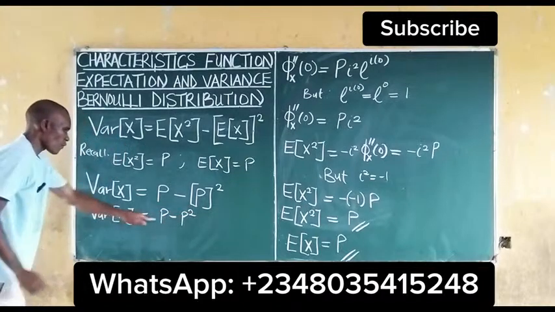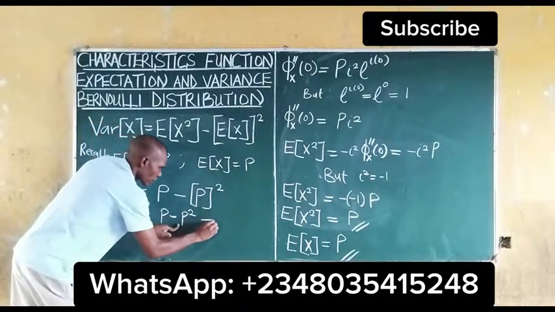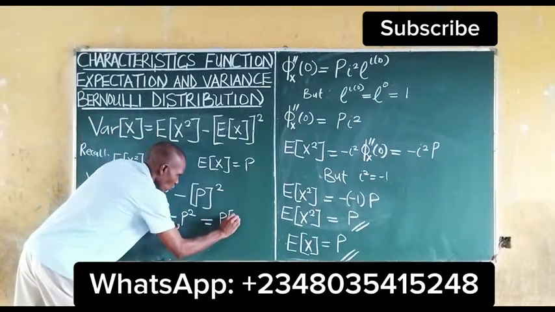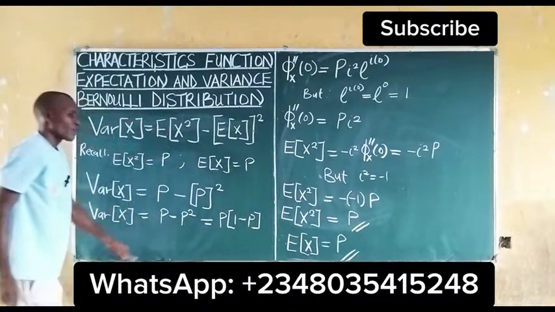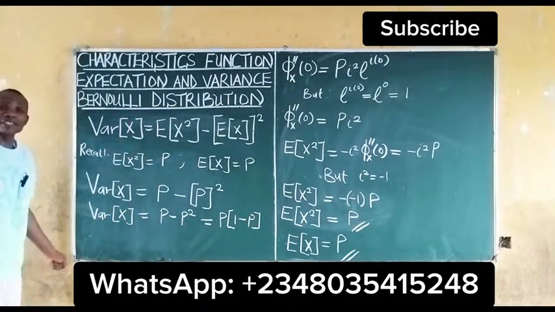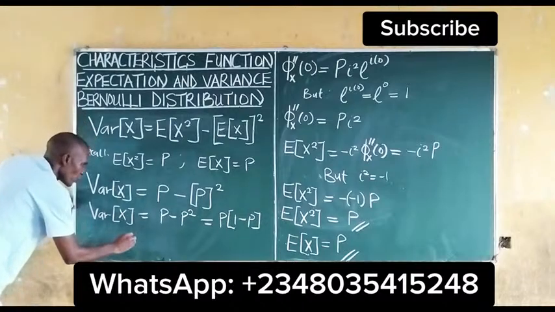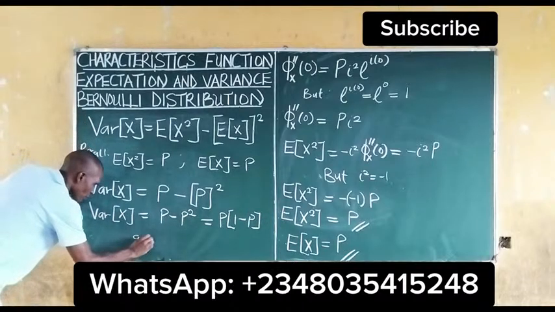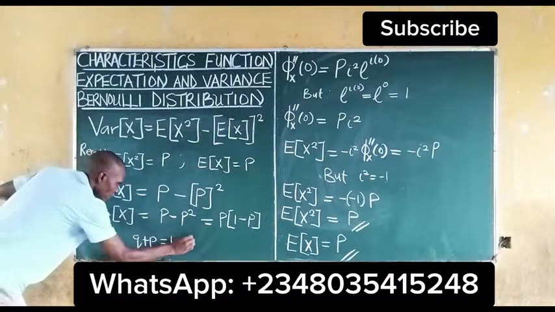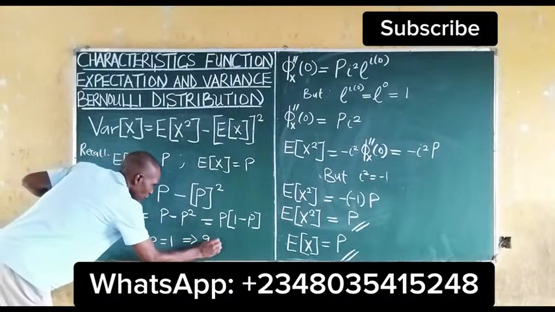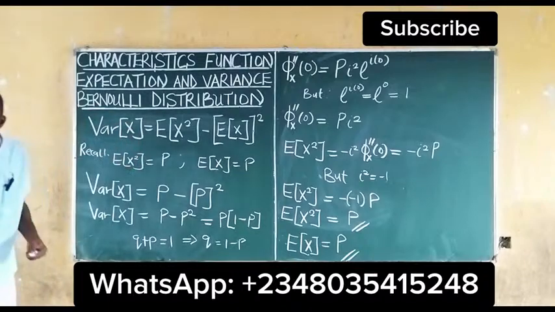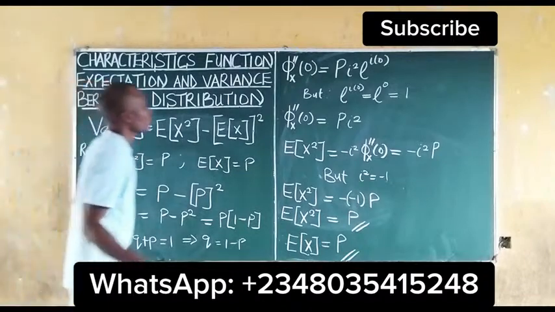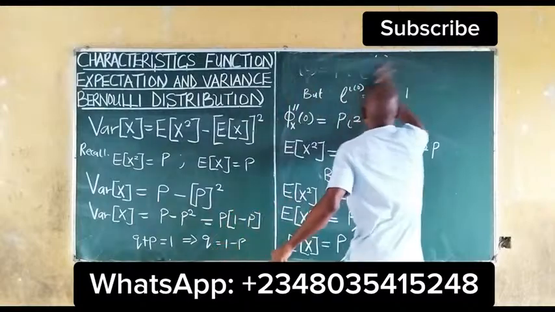Of course, we can also factorize this to give us p times 1 minus p. But from probability theory, we know that if q plus p is equal to 1, it implies that q is equal to 1 minus p.